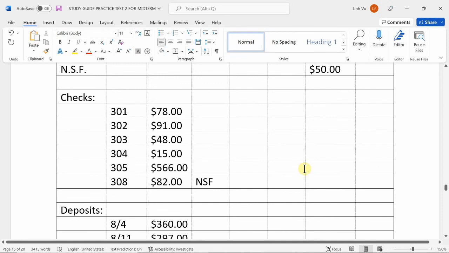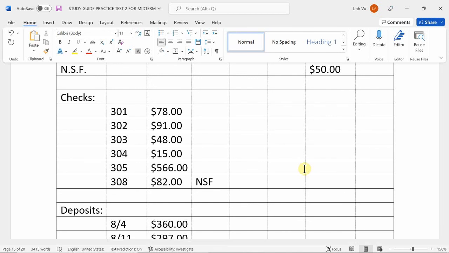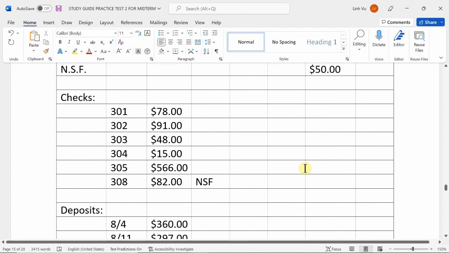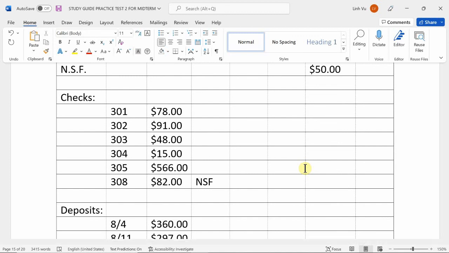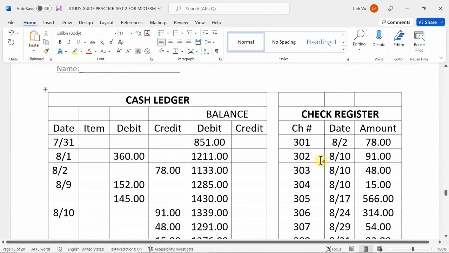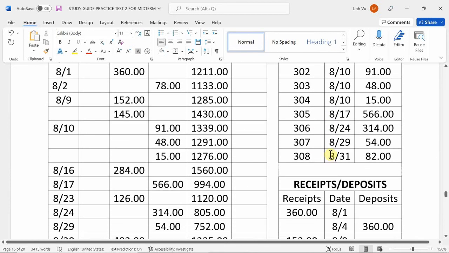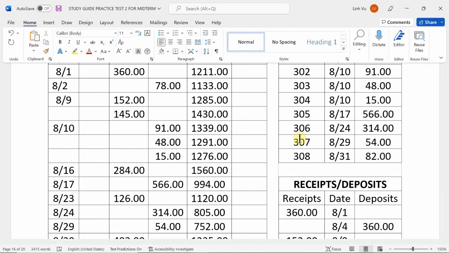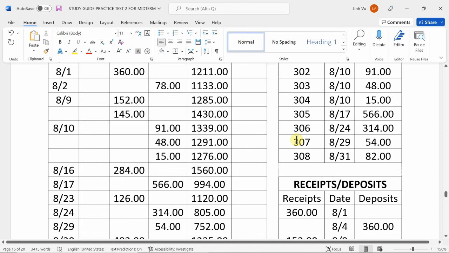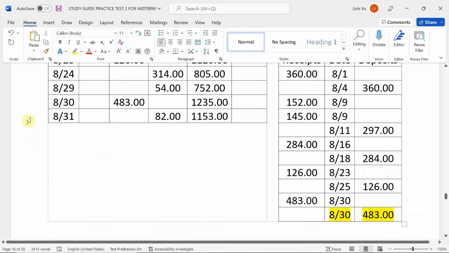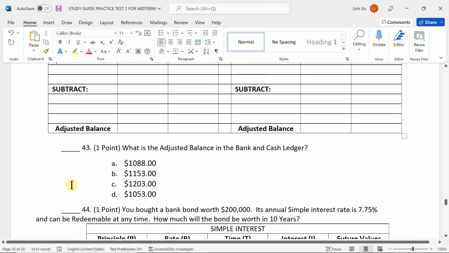Check 301 cleared, 302 cleared, 303 cleared, 304 cleared, 305 cleared, and then it jumps right over to 308. So in this case, I'm missing 306 and 307. So here they are. 306 for $314, and then I have 307 at $54. Okay, so therefore, let's see.